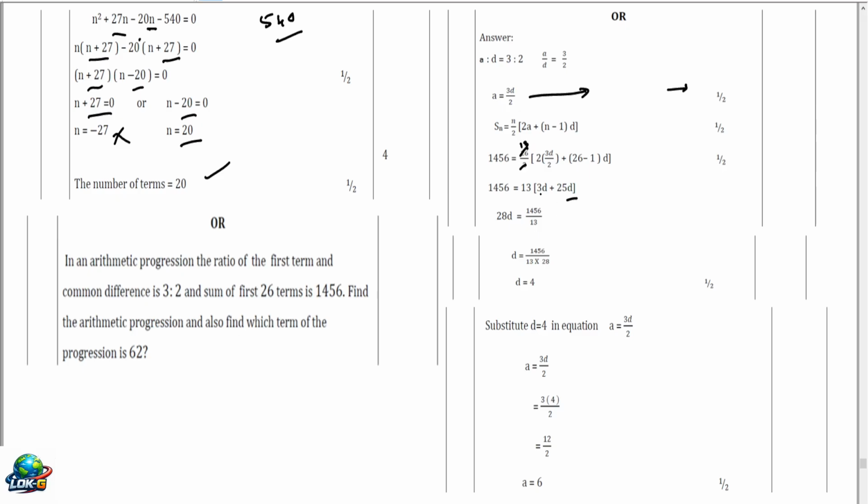Take 13 to the left: 25d plus 3d is 28d. 28d is equal to 1456 upon 13, and on cancellation you will get d is equal to 4.